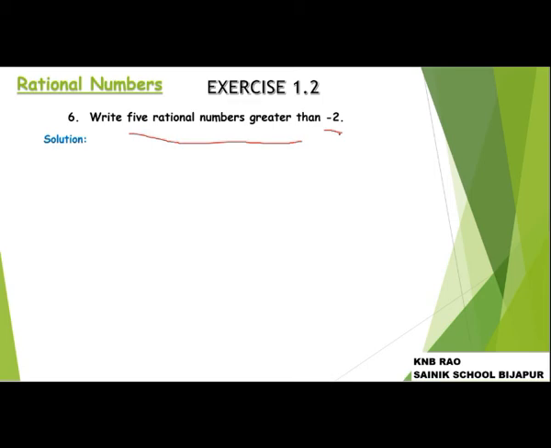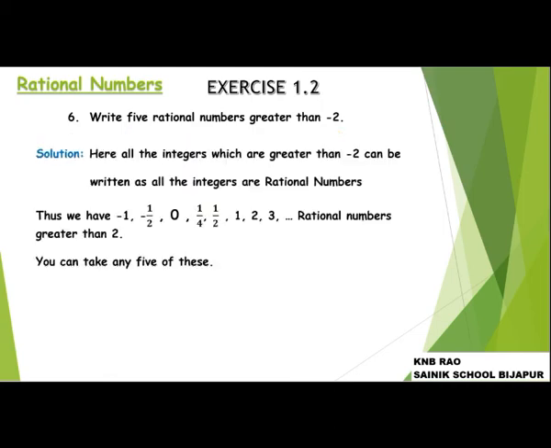You can choose rational numbers more than -2, such as -1, -half, 0, half, 1 by 4, 1, 2, 3, and so on. They are all rational numbers which are greater than -2. Out of them, 5 can be chosen and you can write.